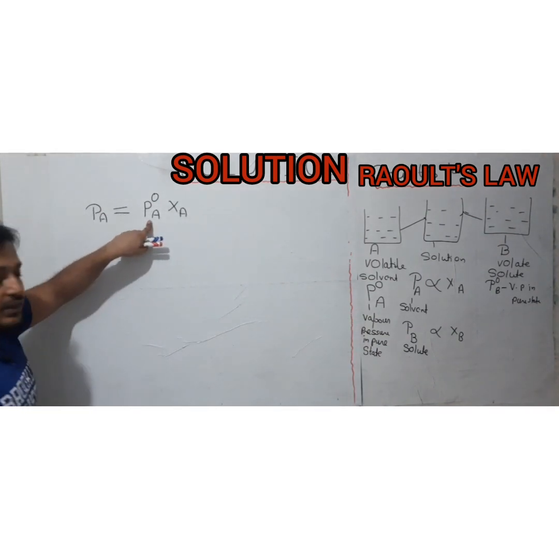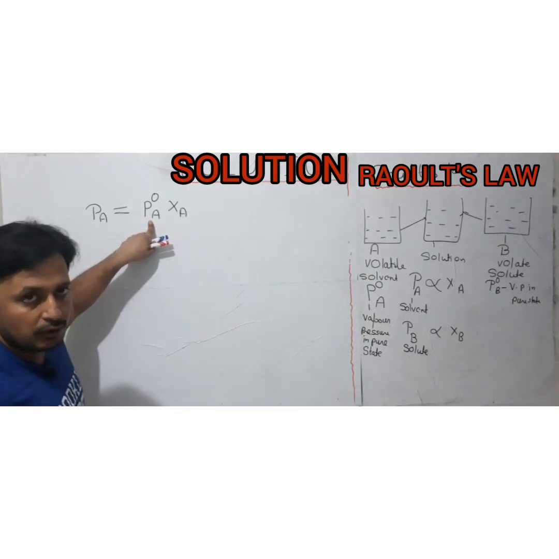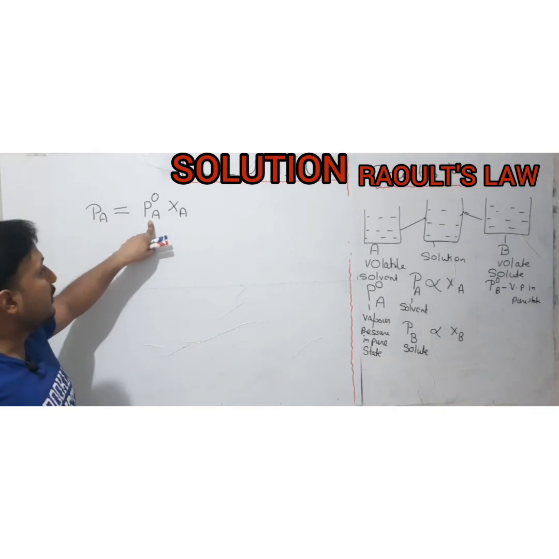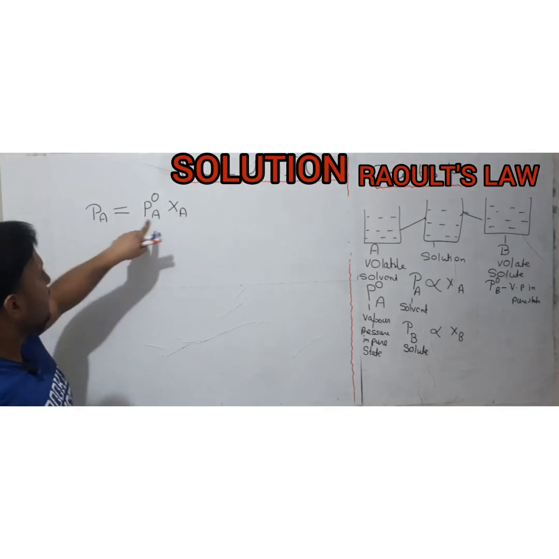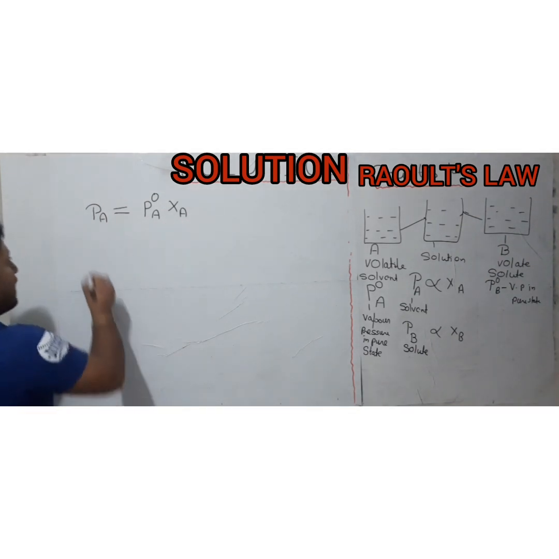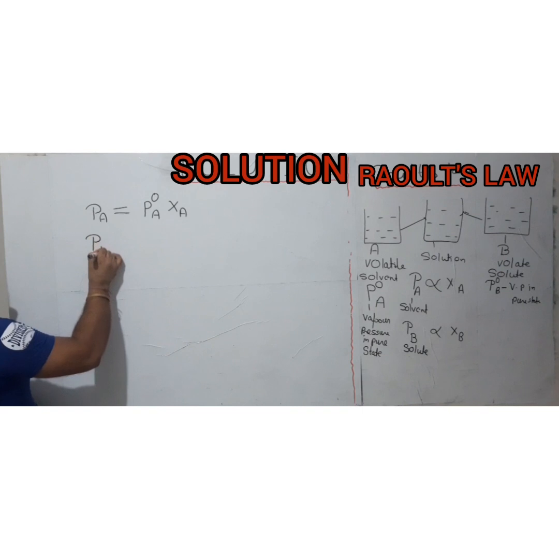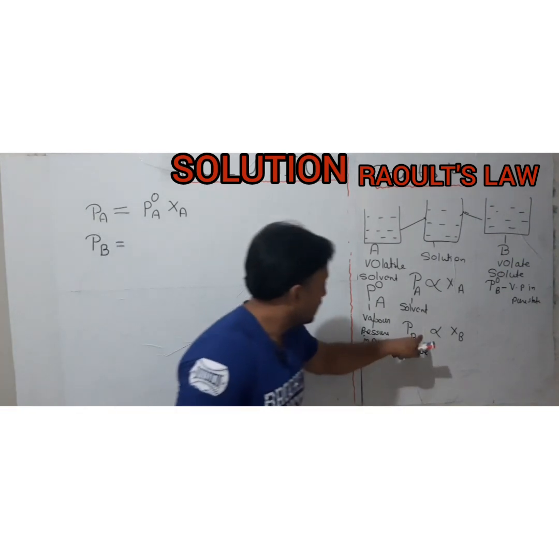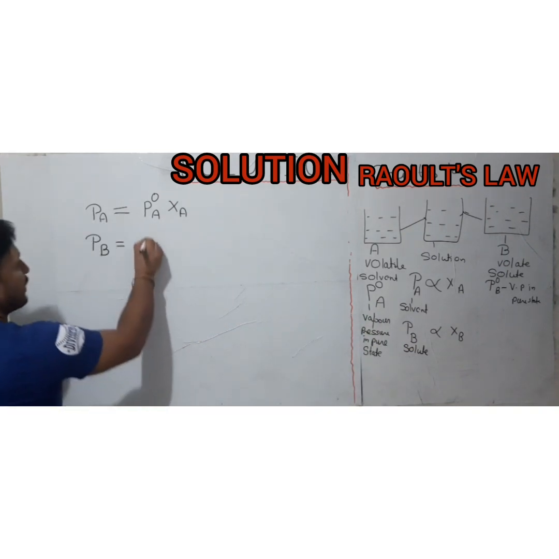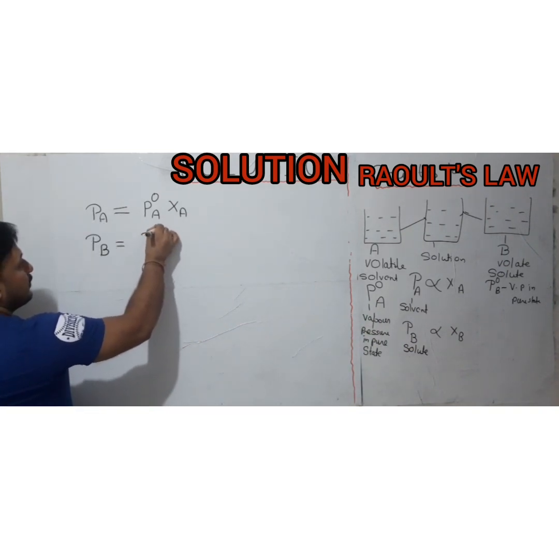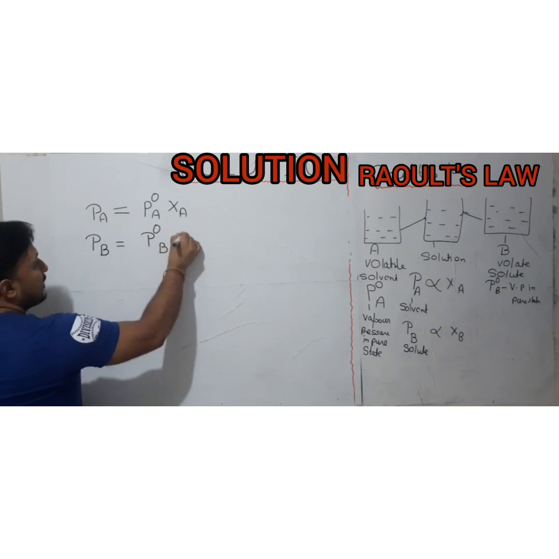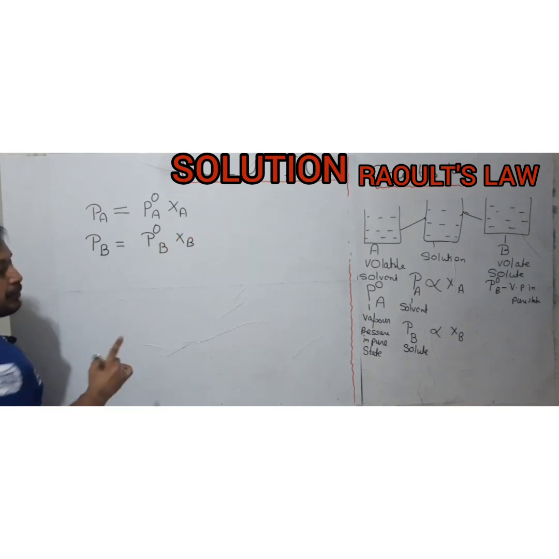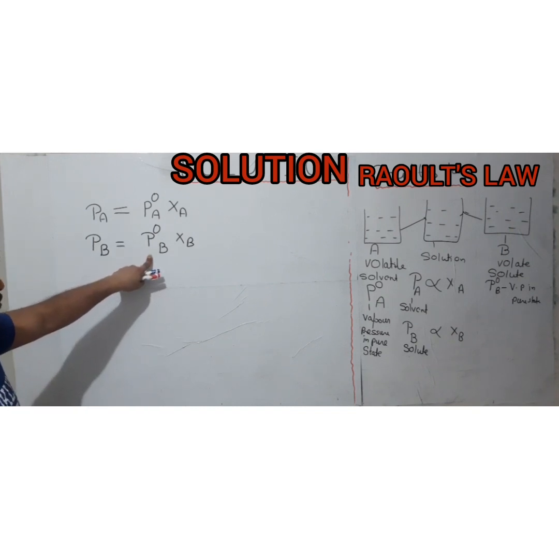We can consider this a constant, because the vapor pressure of a pure component will remain constant for a certain component. So PA will be equivalent to P naught A XA, and similarly PB, the vapor pressure of the solute component in a solution, is also proportional to its mole fraction. So we can consider it as P naught B XB, where P naught B is the vapor pressure of the solute in pure state, considered here as a constant.